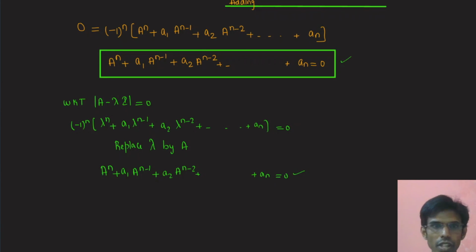These two equations are same. So from this we can say that every square matrix A will satisfy its characteristic equation. This is the characteristic equation. Replacing lambda by A in the above equation, we'll get the matrix form. So this is the end of the proof of the Cayley-Hamilton theorem.